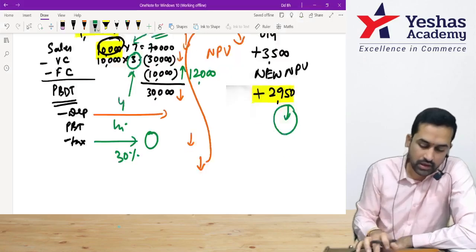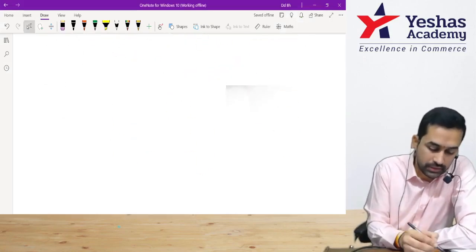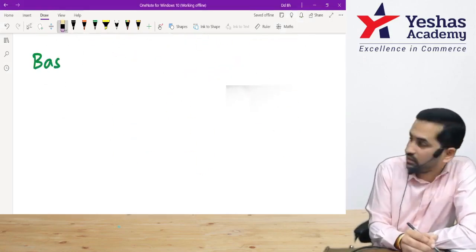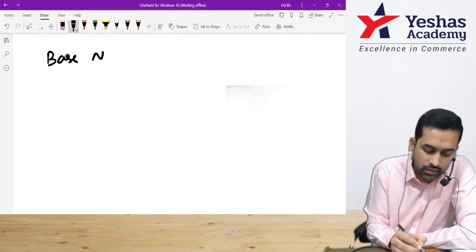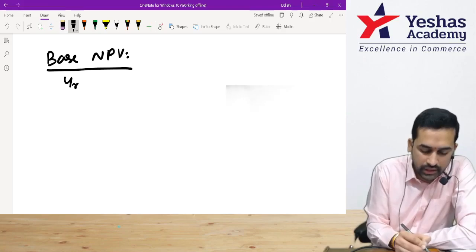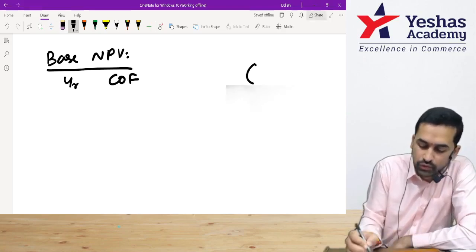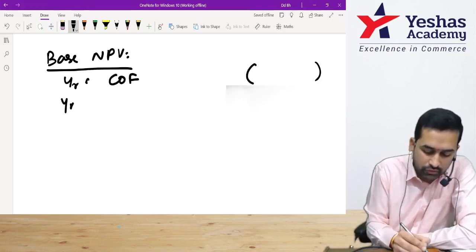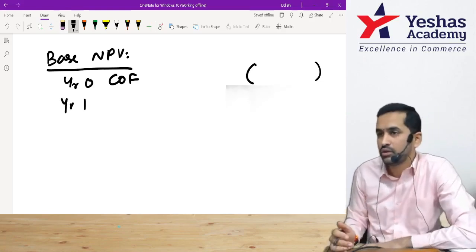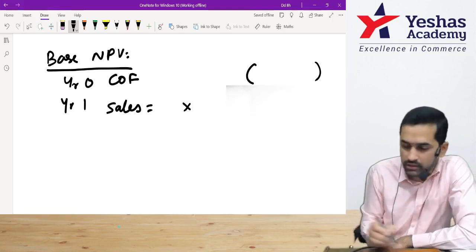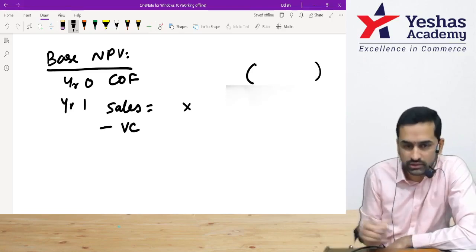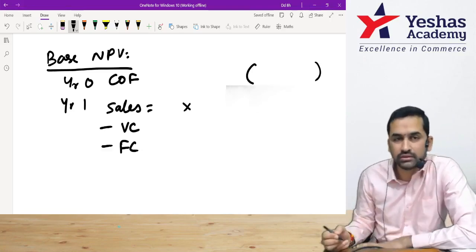Tell me first, don't copy this. How do I calculate base NPV, by the way? For base NPV, year 0, do we know cash outflow? Yes. Year 1, I need to calculate. To calculate, I have sales with me, number of units into selling price, minus variable cost, minus fixed cost. Correct?